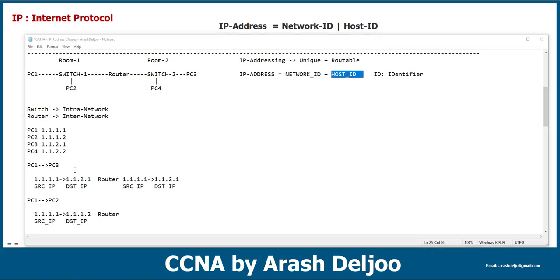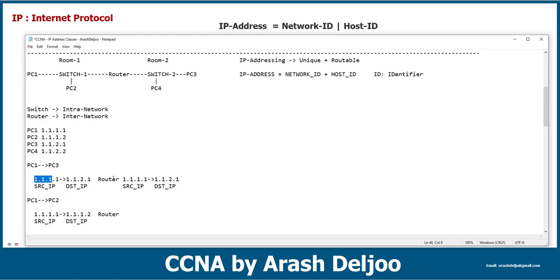For example, as you can see, when a router receives a packet with a different source IP, with a different first three parts in the source IP and destination IP, it can understand that the traffic should be routed. Because of that, we can say that the network ID in the source IP and destination IP in this example is the first three parts.